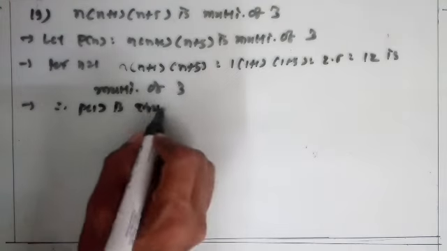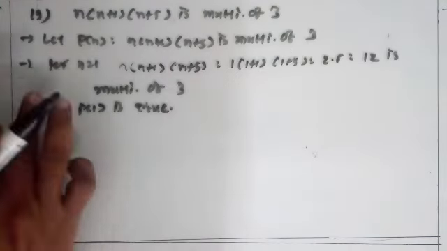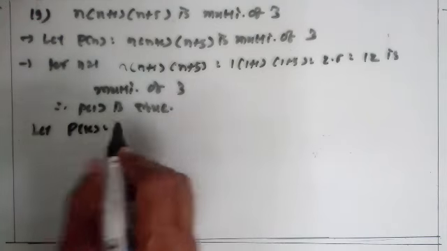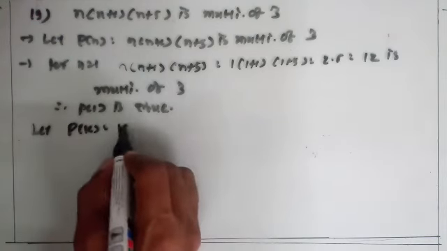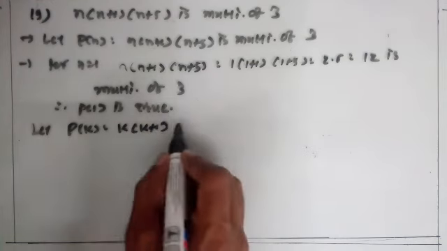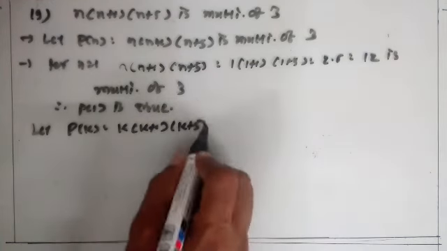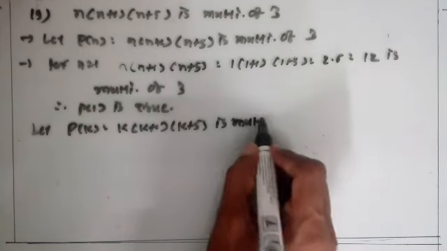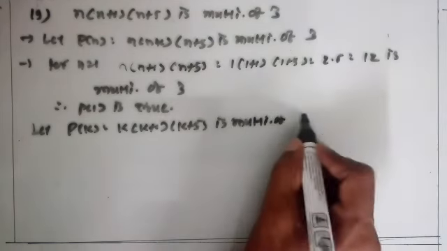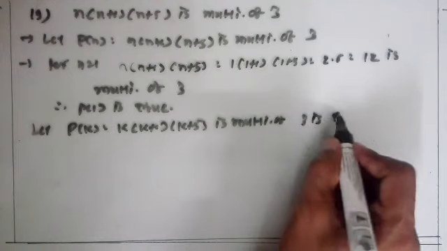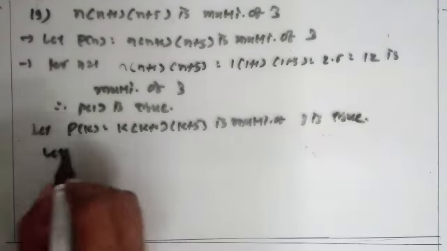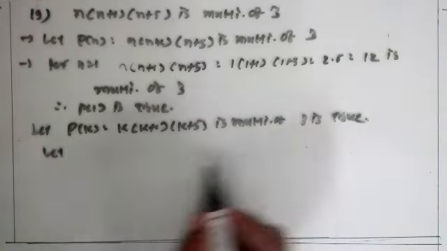Clear? Now suppose this Pk is true. Pk is: k into k plus 1 into k plus 5 is a multiple of 3 and is true. Suppose this is a multiple of 3, so this is 3m.